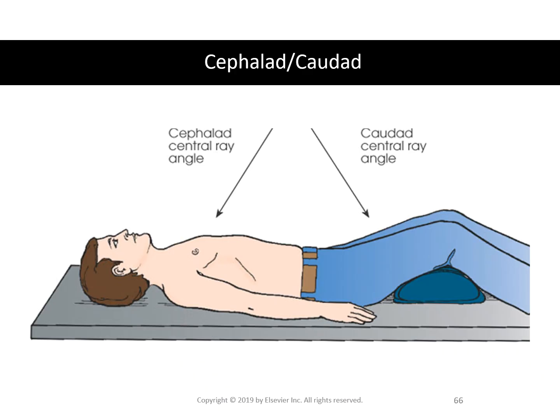Caudad means toward the feet. So if we angle the x-ray tube beam a certain degree toward the feet, like 10 degrees, 15 degrees, that's called a 15-degree caudal angle. A 15-degree cephalid angle would be 15 degrees off of perpendicular toward the head.